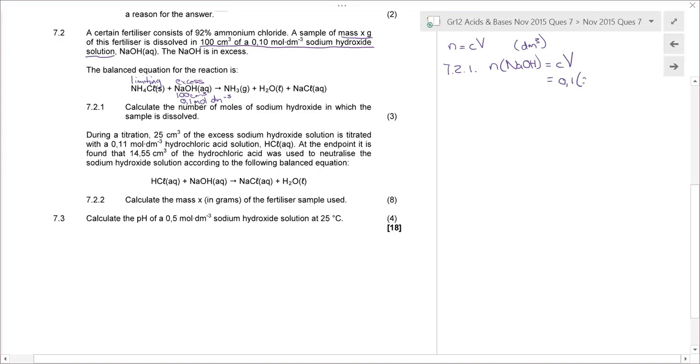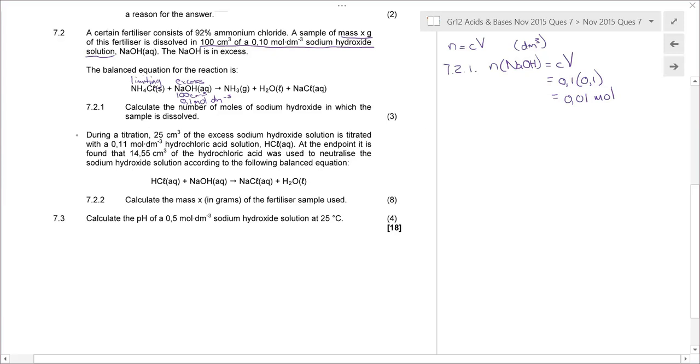Remember, the volume must be in dm³, so your total number of moles of sodium hydroxide is 0.01 moles. If you just write n equals c times V, then write at the end of this answer so many moles of sodium hydroxide. There must never be any doubt for the marking person which substance you are working with.